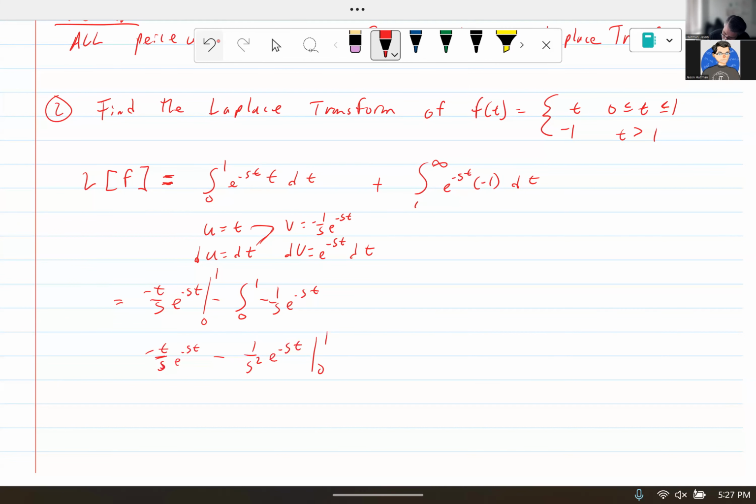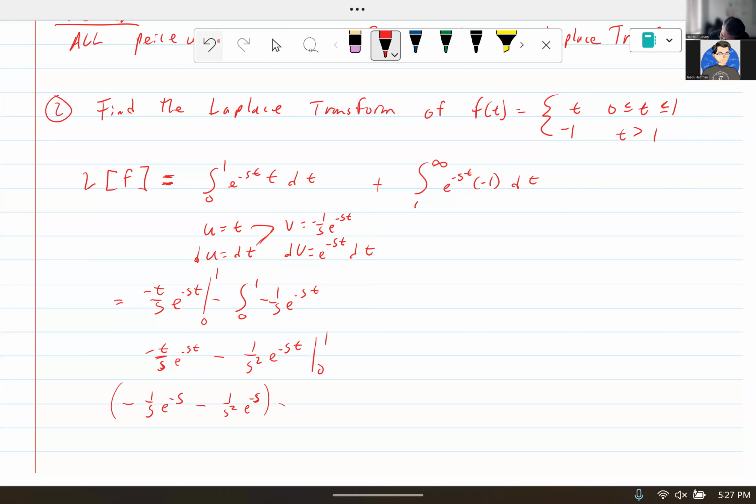Plugging in 1, I get negative 1 over s, e to the negative s, minus 1 over s squared, e to the negative s.